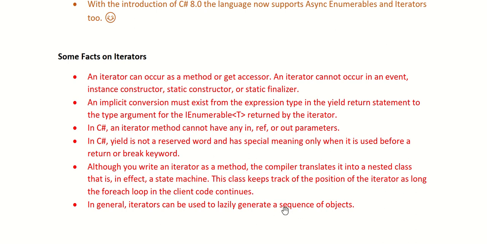And when I say lazily generate a sequence of objects, they can be of finite length or of infinite length, like an Angular observable. A stream of data or a source of data basically. An iterator can be a source of data. Whenever some value is available, it will simply return. So that's why they say iterators can be used to lazily generate a sequence of objects.